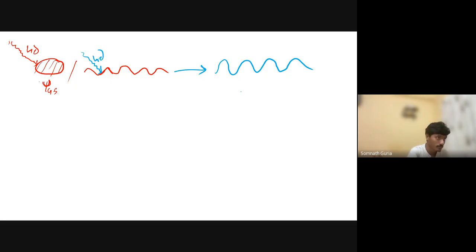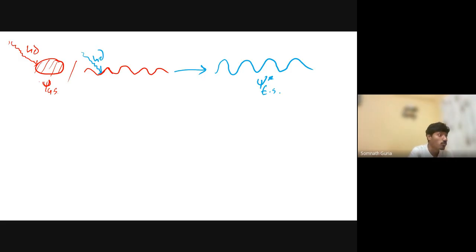Say this is my wave function, and we are perturbing this wave function with some external perturbation, which is h nu, and thereby we generate a different wave function. So this is my psi star, the excited state, and this is the psi ground state.